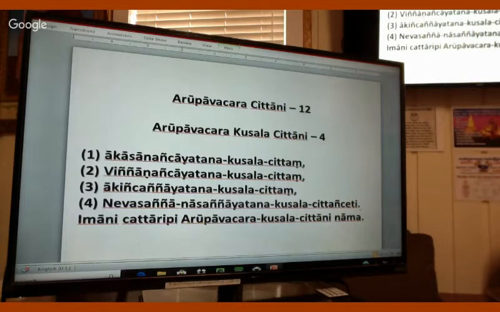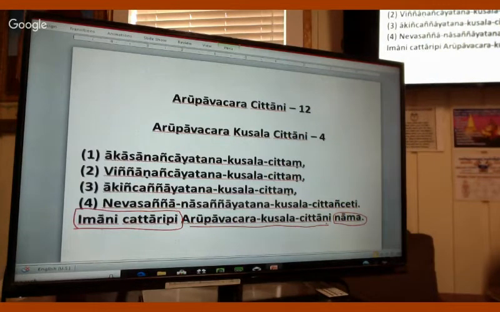That means these four kinds of Chittani we also call by name Arupavachara Kusala Chittani.